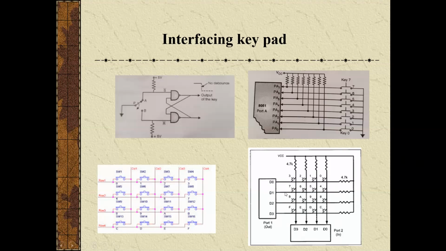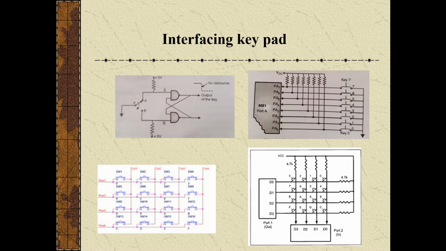See here, there are 4 rows and 4 columns. In between this matrix, 16 keys are organized and connected like this. Hence, this method is very beneficial compared to the non-matrix interfacing method.